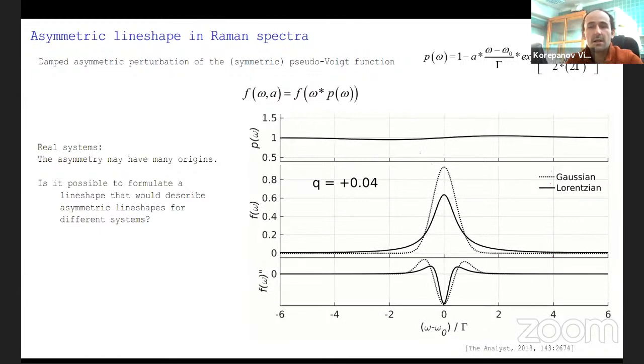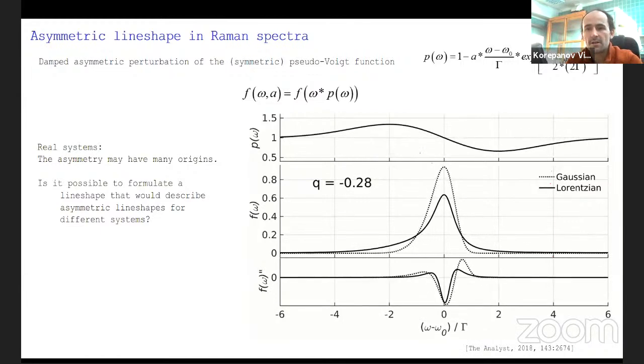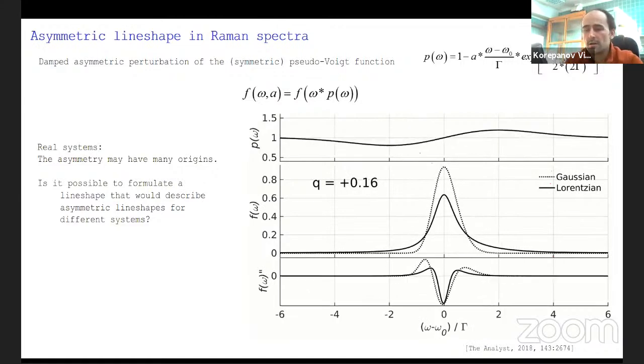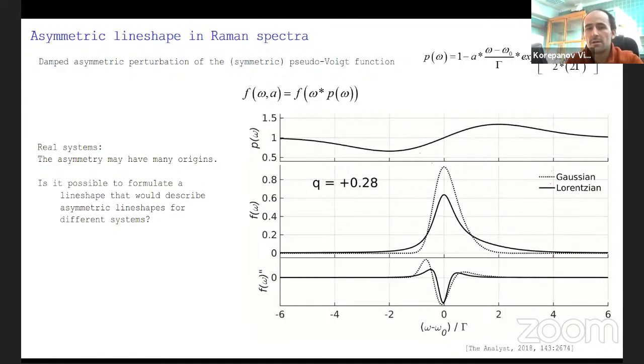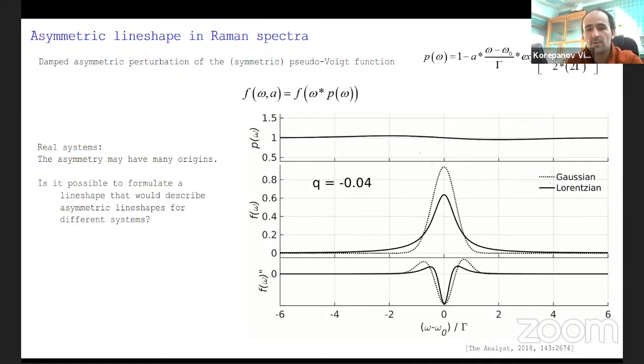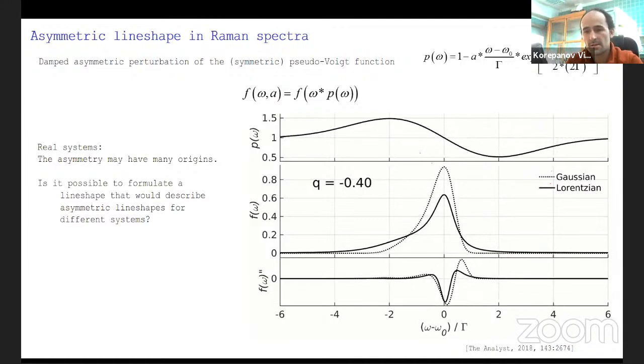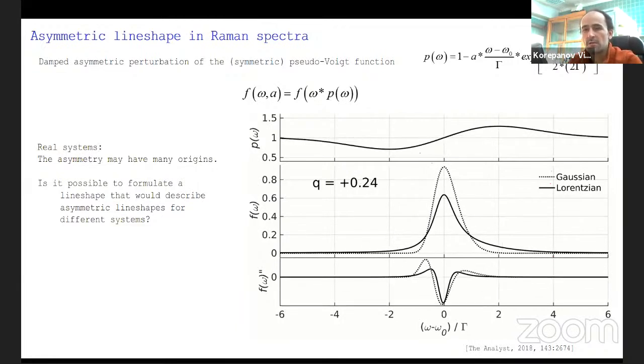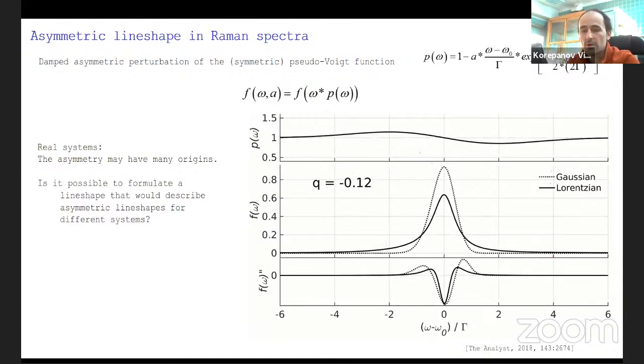There are many attempts to build an asymmetric function which would describe the line shape efficiently. Some of these functions are based on physical models of, say, a phonon resonance line. But for many cases, the origin of the asymmetry is not known, or it can have multiple origins.